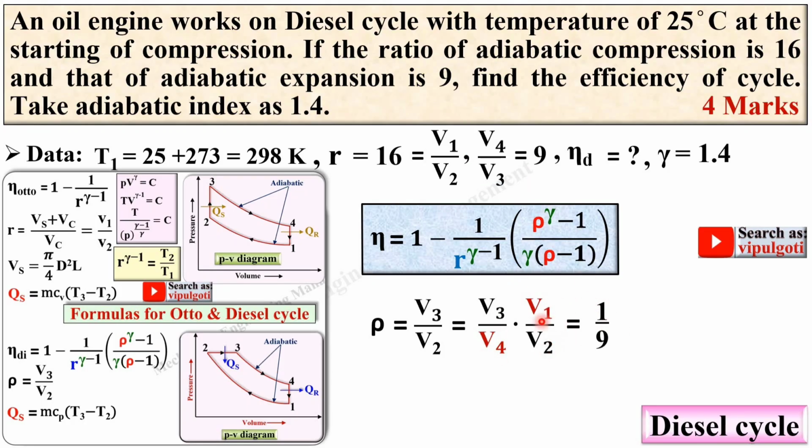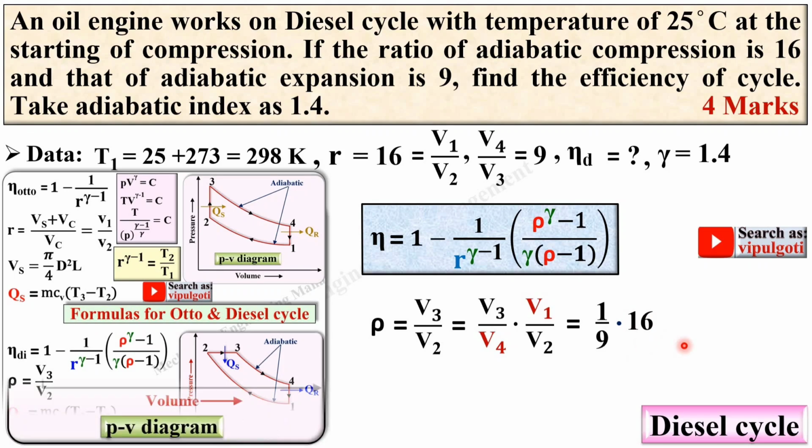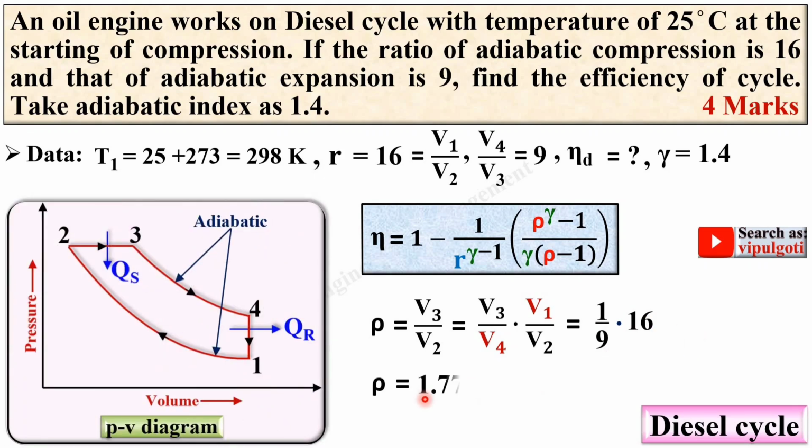Then V1 upon V2 is also given to you as 16, so multiply by 16. Simplify this so that you will get rho as 1.778. Once you have this rho, you can simply put it in this equation, and you will get the efficiency of the diesel cycle. So this is really a very simple problem. Only the twist is over here.